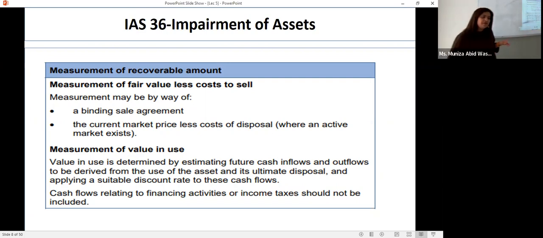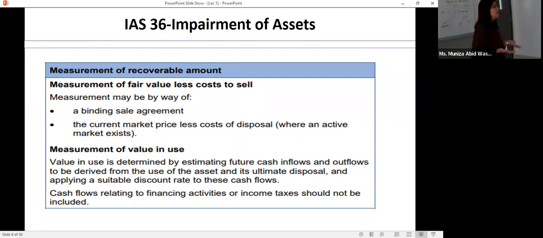In the case of IAS 38, intangible assets, there is no active market existing, is it? Because under IAS 38, the kind of assets we have are basically rights, and for rights there is no active market present. So in that case, we have to make our own market to make the sale possible.